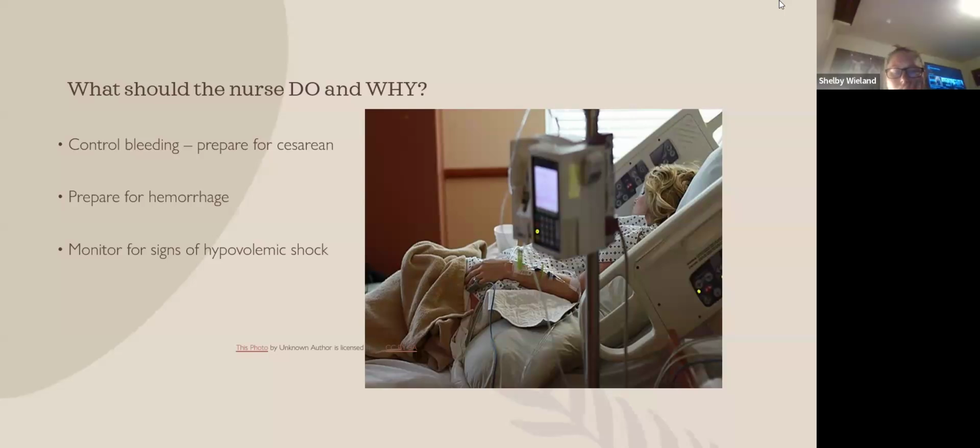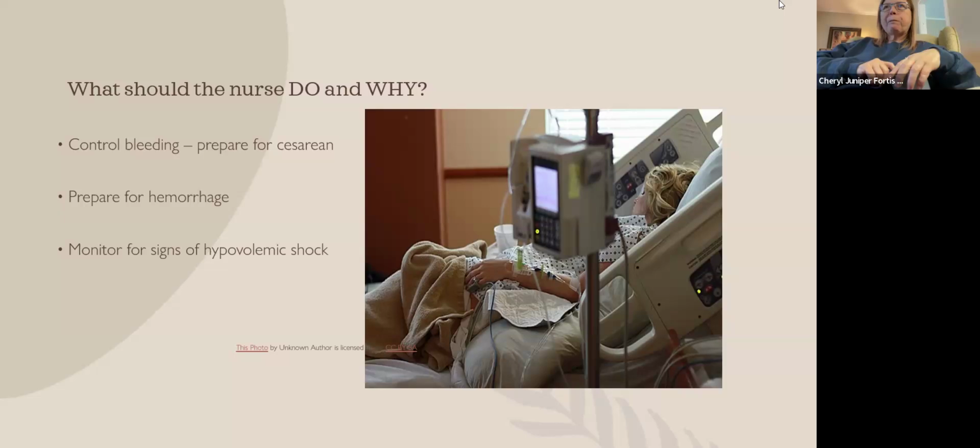Good. What are some other signs or symptoms that you would see? Clamminess. Clammy. Yes. Anything else you think of? Dizzy. They may have pale skin.